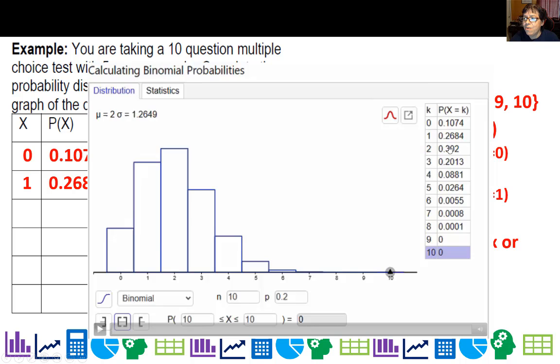And it spits out all of the values listed all pretty. Now, if you're using the Statlet and you hover over the bars, it will also tell you the percents, and you saw you could click through them. I just like having them all in one table. By the way, both of these applets give you the mean and the standard deviation, which we will be going over next lesson and how that applies.